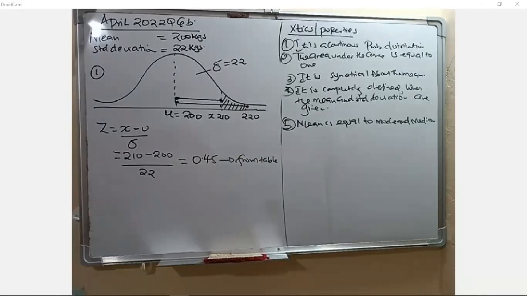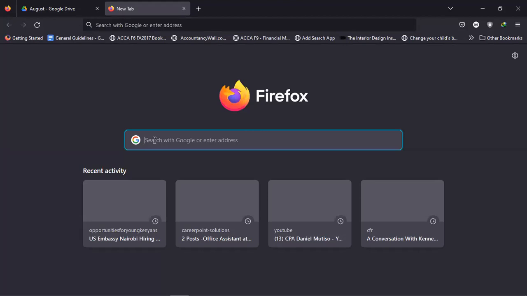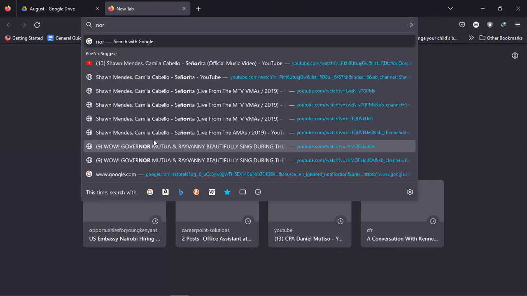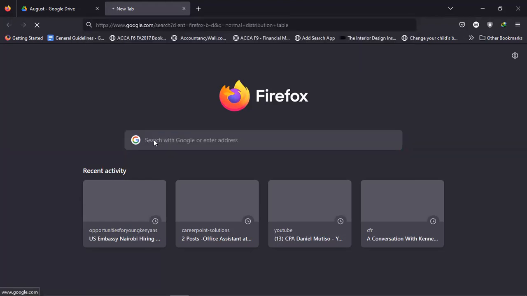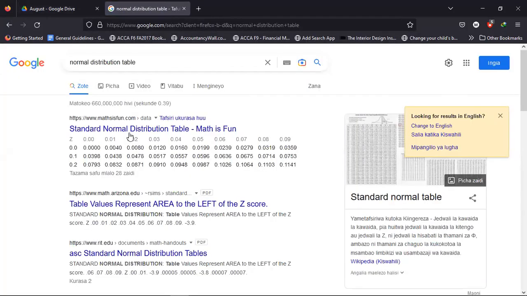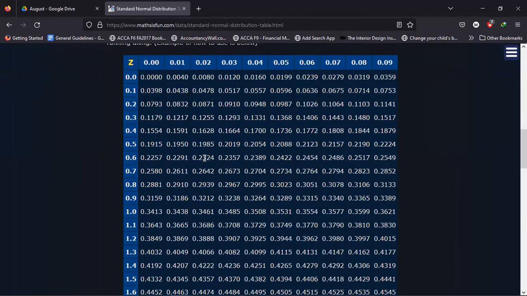Let me just search it so that we can be able to use it. You can see the table is here.